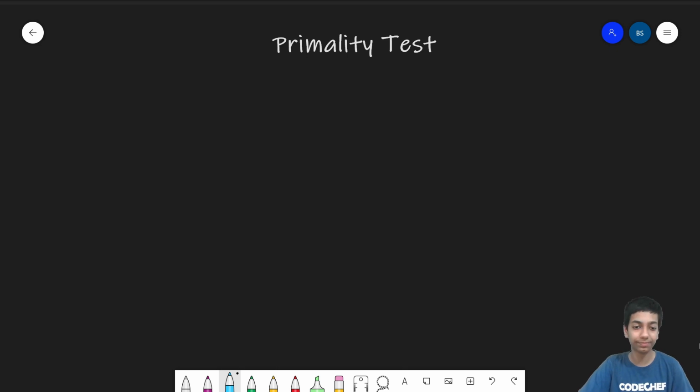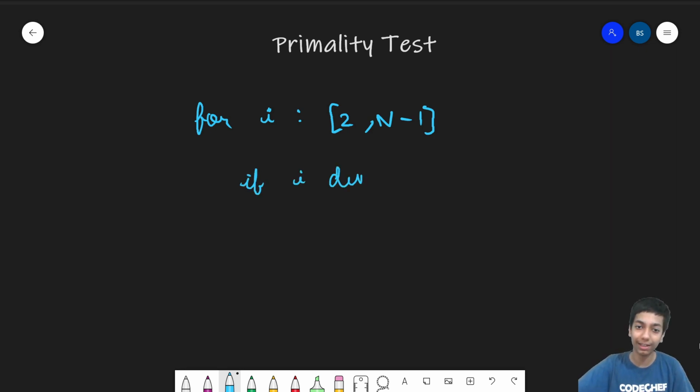So as pseudo code, we iterate i from 2 to n minus 1, right? And then we check if i divides n. If yes, then we can return false, or return composite.